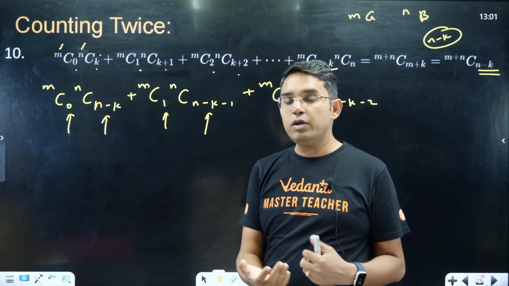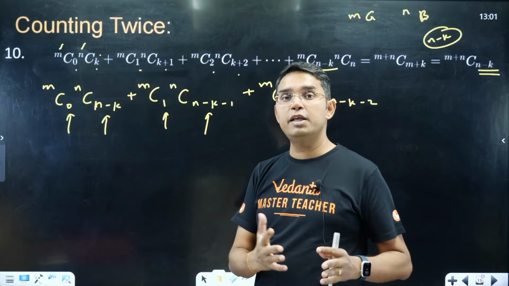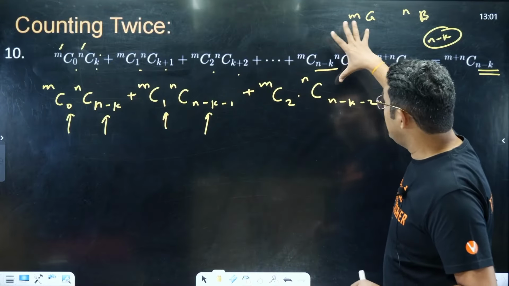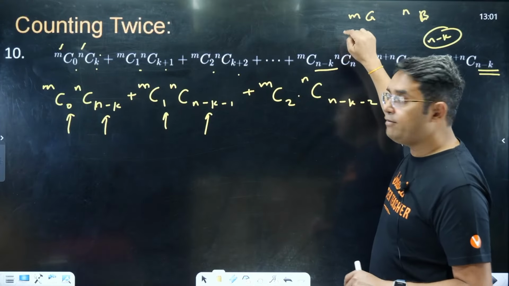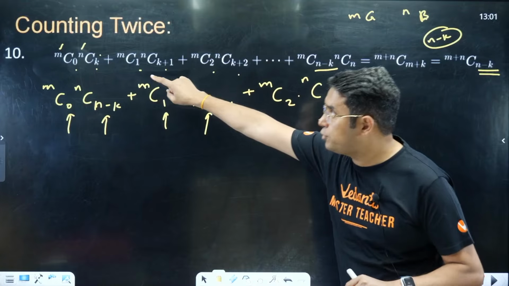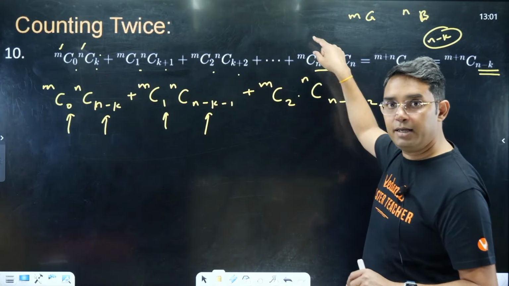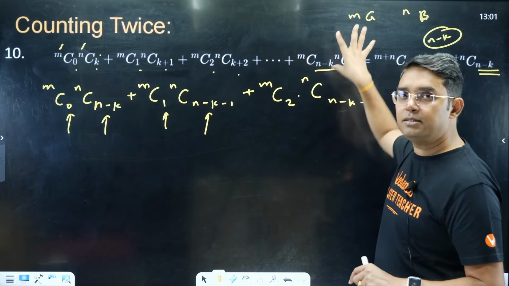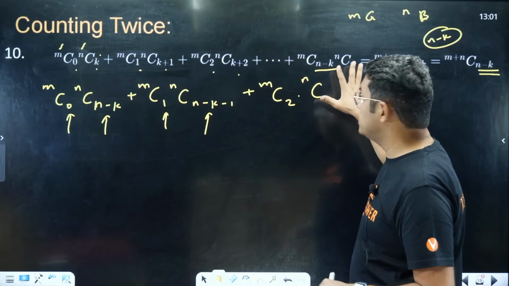So I'm just giving you a warning that you are supposed to take care of all the cases. If some cases are irrelevant, they become beyond the domain, you can say. Here they will be just 0, 0. So it is safe to write from this to this. Even if n minus k is bigger than m, this becomes just 0. So no need to worry about that case.